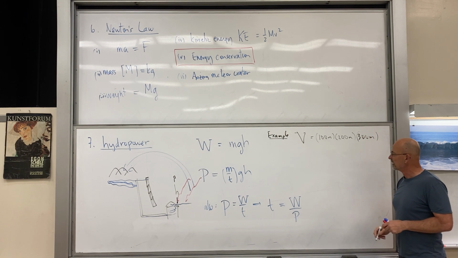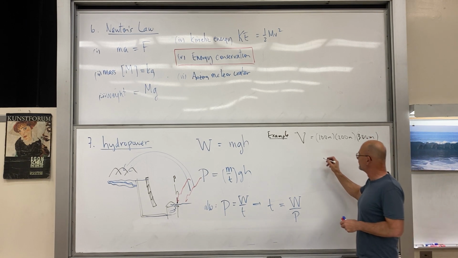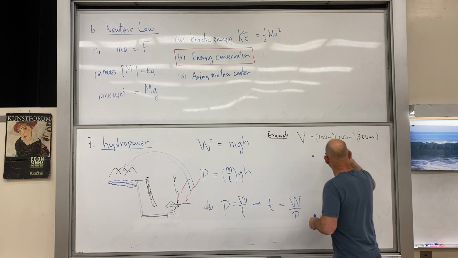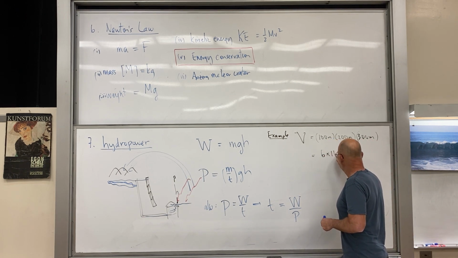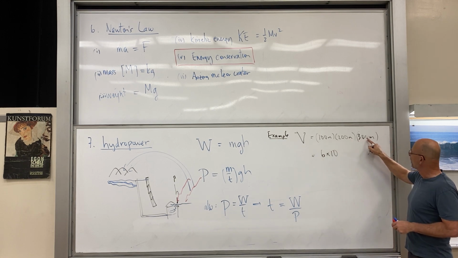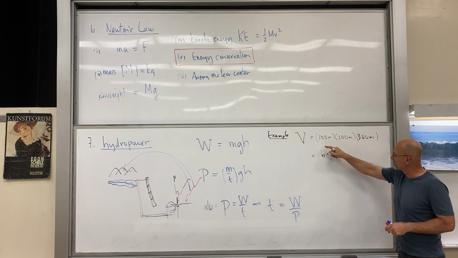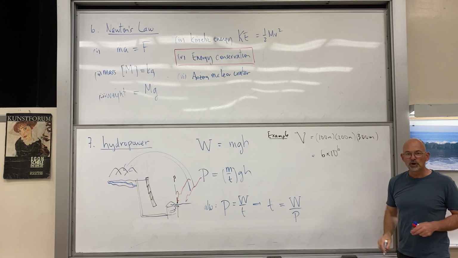Okay. So what's the volume? That's 1 times 2 times 3, so that's 6 times 10 to the 1, 2, 3, 4, 5, 6 cubic meters.